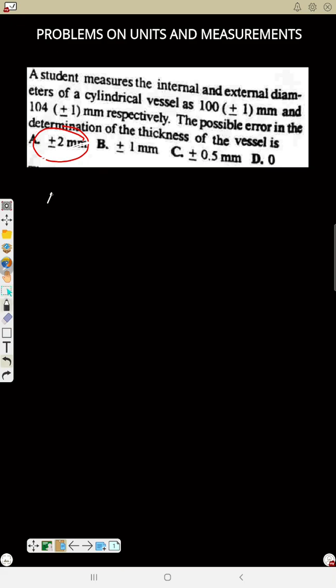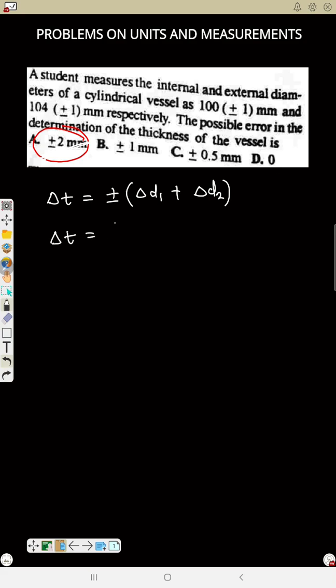You will know that we have shown now that possible error in C will be equals to possible error in diameter plus possible error in the second diameter. So you can use this directly without passing through all the stages, but I proved why we got this one. So as you know it now, you can use it to solve.